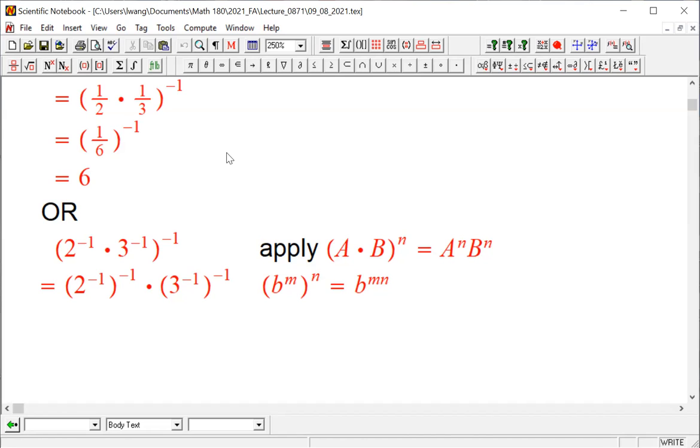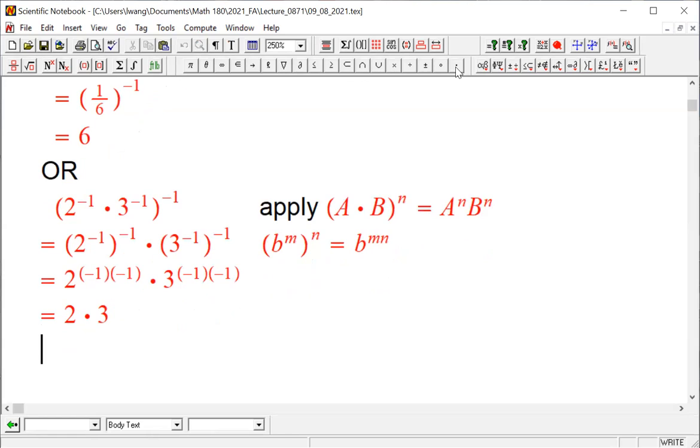So it would be 2 to the power of -1 times -1. So on the power, you're going to have -1 times -1. Then you have 3 to the power of -1 times -1. And -1 times -1 is going to be +1. And so in the end, you also get 6.